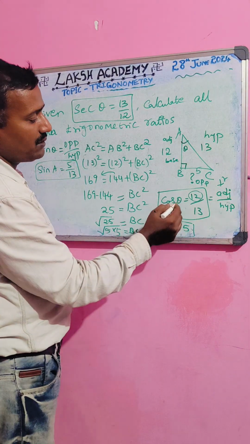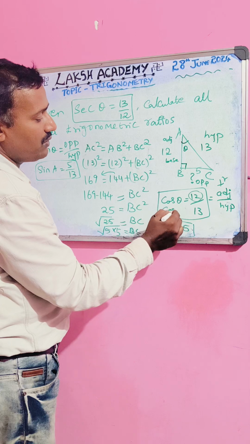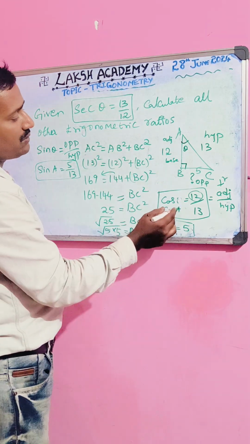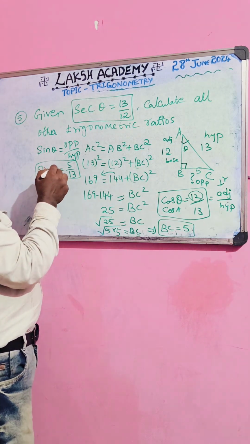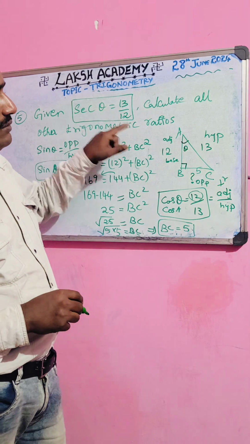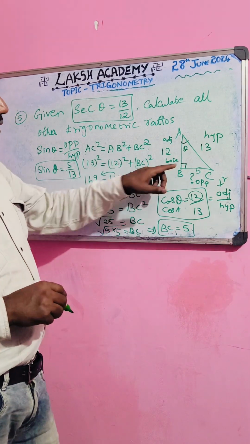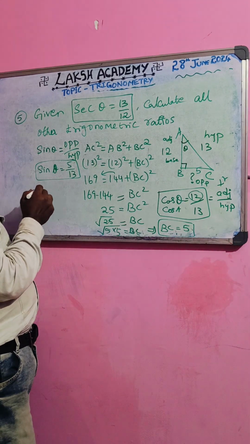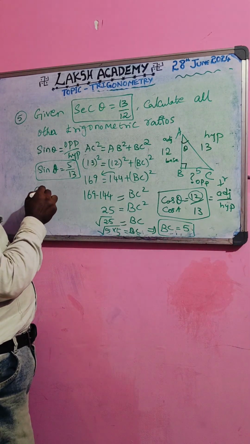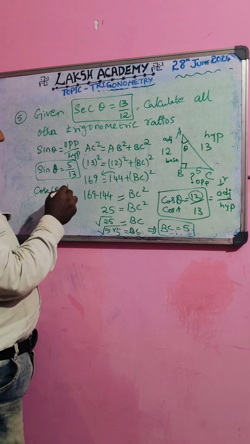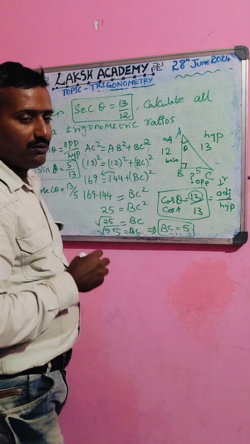Cos theta here is nothing but cos A, because they told us to find the other ratios. Secant theta is given, so you can write cos theta. The reciprocal of sin is cosecant theta. We got 5 by 13, so cosecant theta is 13 by 5.